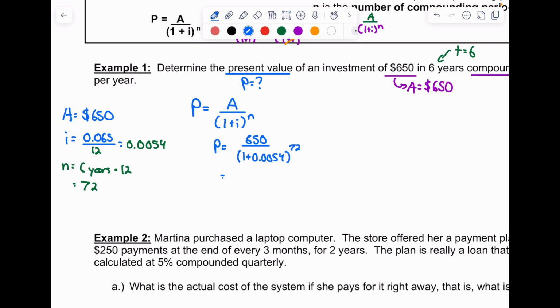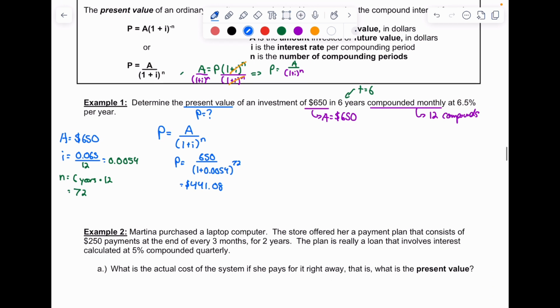Okay, so just carefully with your calculator, go 1 plus 0.0054, then put that to the power of 72, and then 650 divided by answer. I get a present value of 441, and again, this is money, so make sure you have 2 decimal places, 0.08.